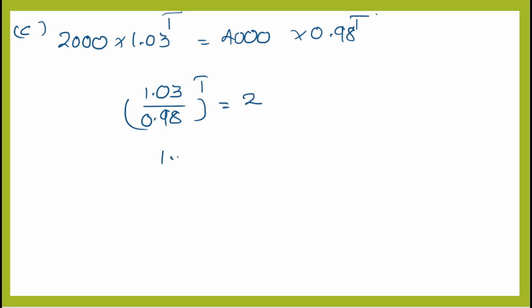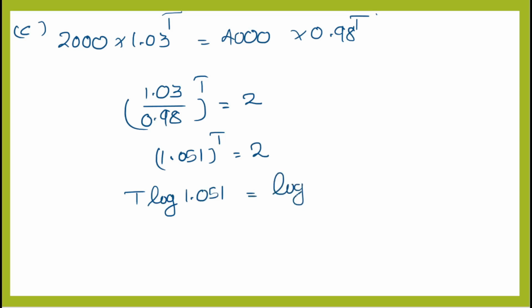That is 1.051 whole to the power t equals 2. Taking logarithms on both sides, t log 1.051 equals log 2, then t is log 2 by log of 1.051, that equals 13.9.